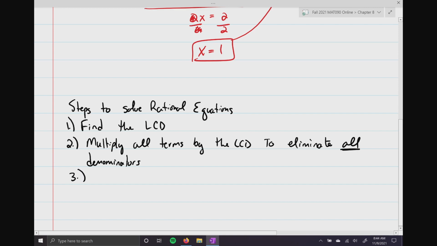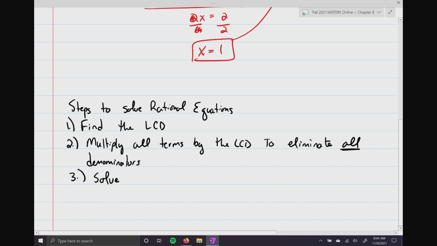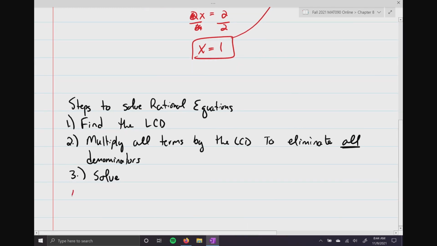Step 3, you're going to solve. Now, these next couple steps here, I'm going to write in red because they are unbelievably important, okay? So once you solve, your fourth step is that you have to check for what we call extraneous solutions.